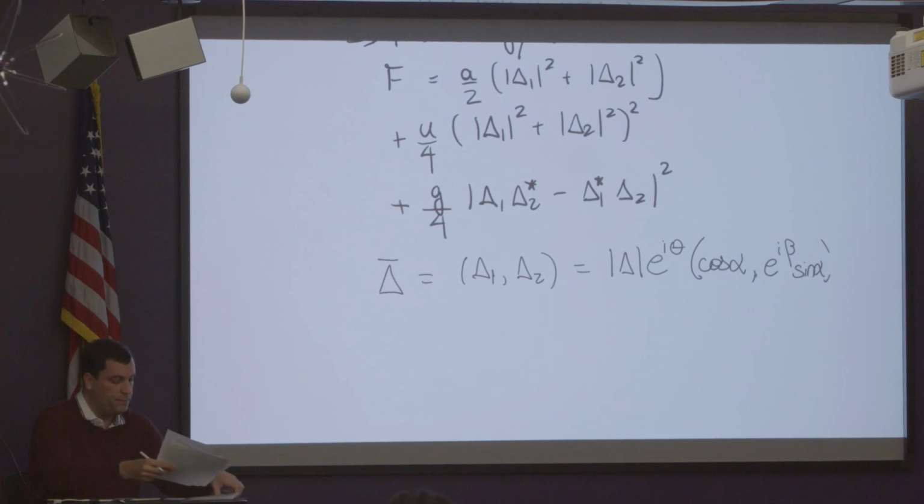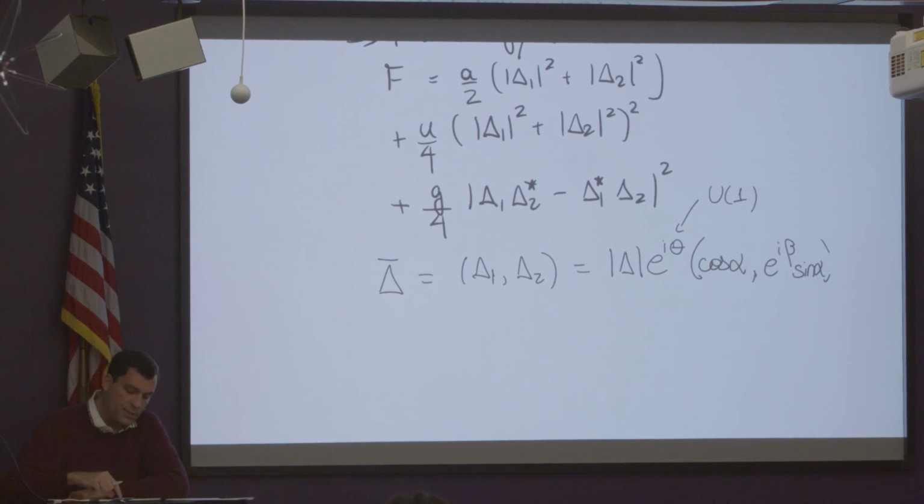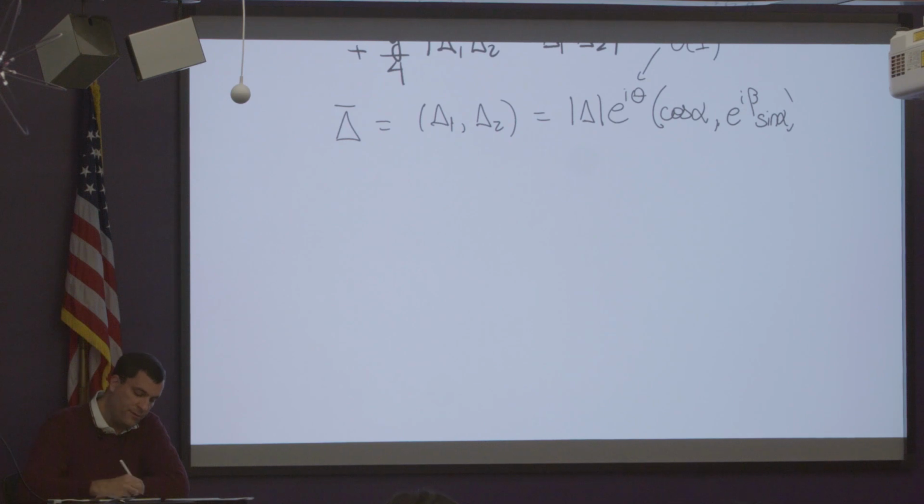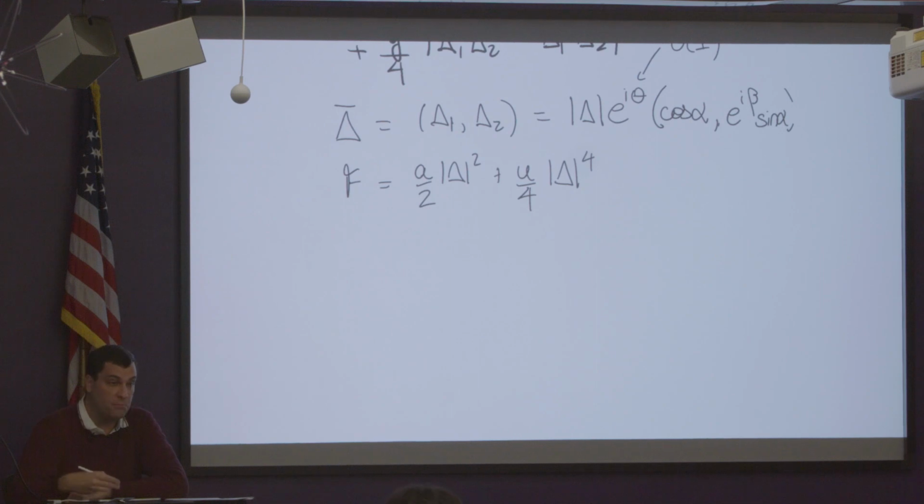Okay? So now this parameterization is actually much more convenient because I know, for example, that the global phase comes from the global U(1) symmetry, and that's not going to appear in the free energy, right? So if you just substitute it there, what you're going to find for F is A over 2 mod delta squared plus U over 4 mod delta to the fourth, which again is the same as what you'd get for a standard single component superconductor.